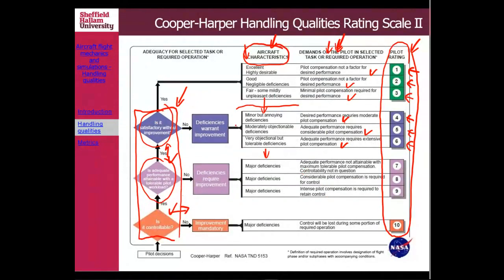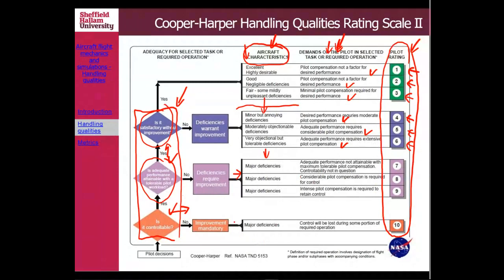If yes, with minor deficiencies, then you need to consider what rating actually applies. If it goes in there, the rating will be 4, 5, and 6. If it already goes into here, then the rating becomes lower, which in this case is a higher number but a lower level, obviously 7, 8, or 9.